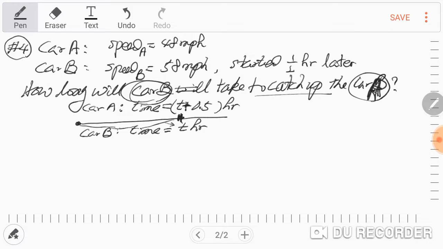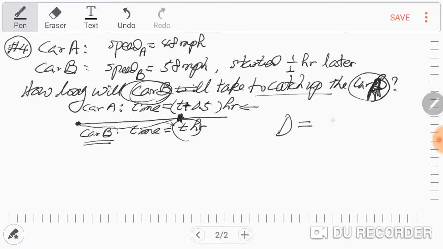Okay, let's say it takes T hours for the second car B to catch up to the first car. And then how long did car A drive? It is 30 minutes more. So it will be T plus 0.5 hours. Okay, so we can set up an equation.